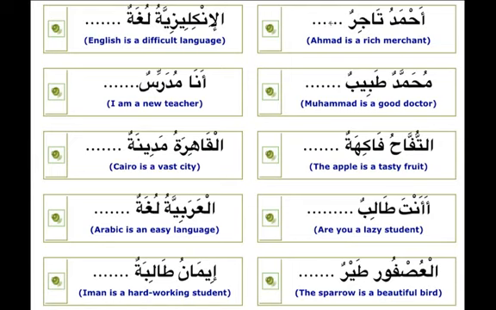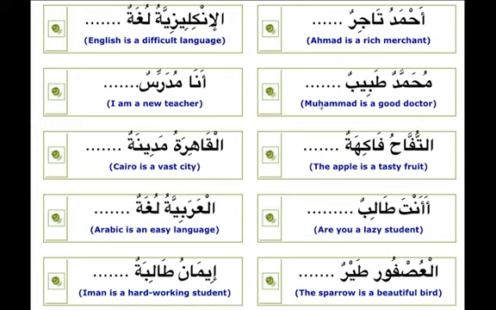Ahmadu tajirun ghaniyun. Al-inkliziyatu means the English. Lughatun, difficult means sa'ab, sa'abatun. Al-inkliziyatu lughatun sa'abatun. So you have to match the gender.